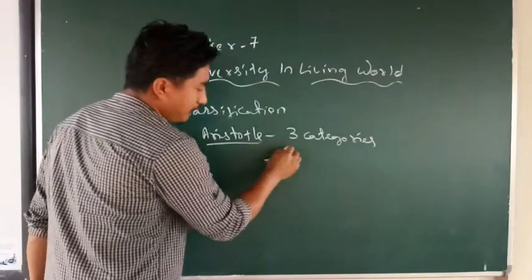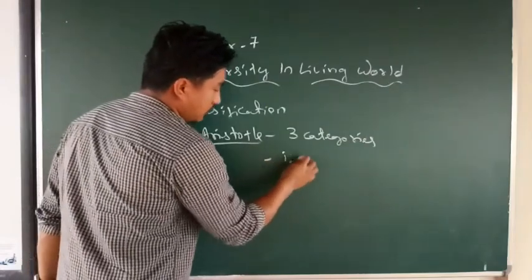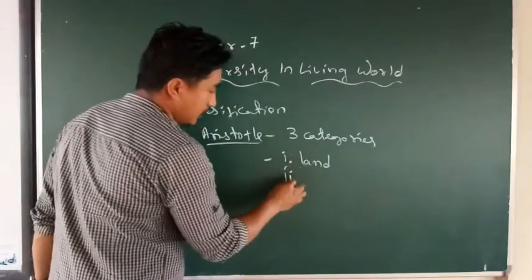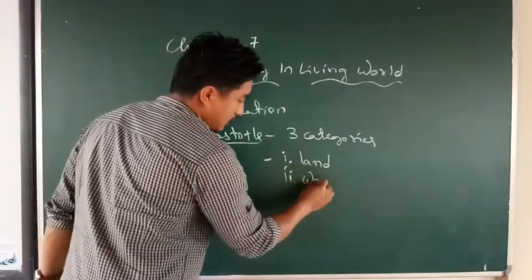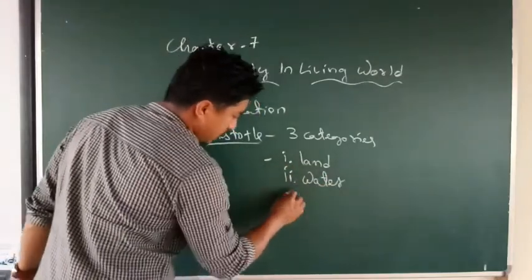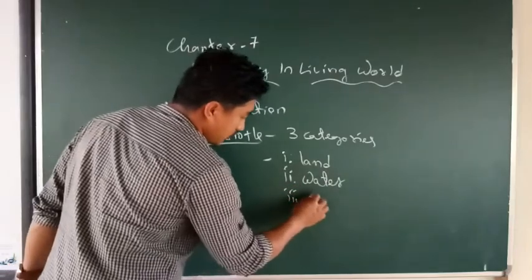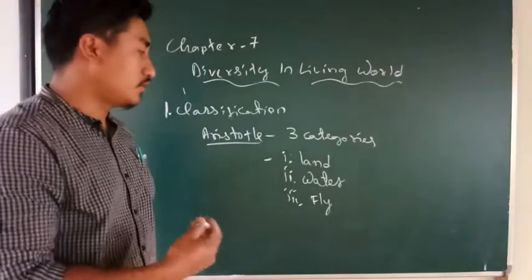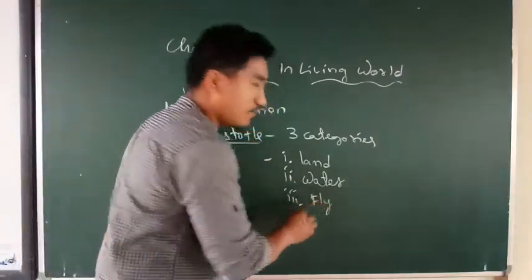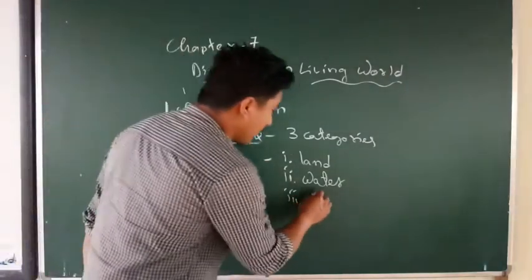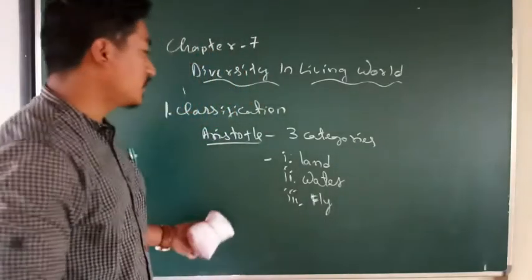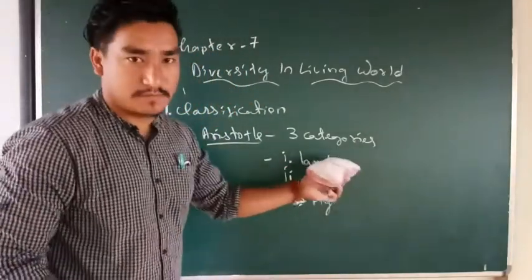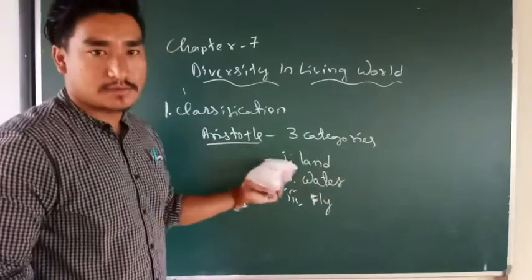Those which live on land, the second category is those which live on water, and the third is those which are able to fly, those animals which spend most of their time flying. So this is the three-category system of classification proposed by Aristotle.